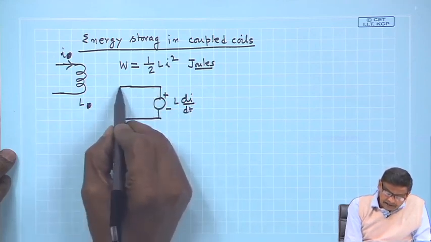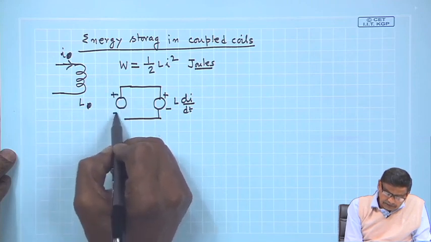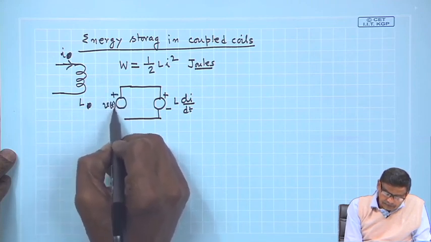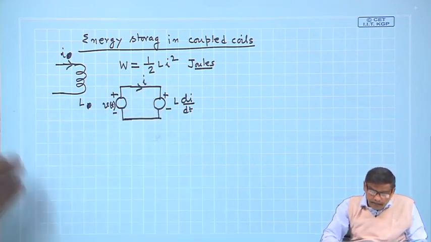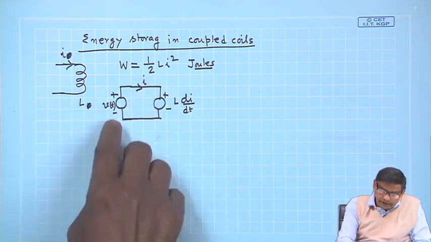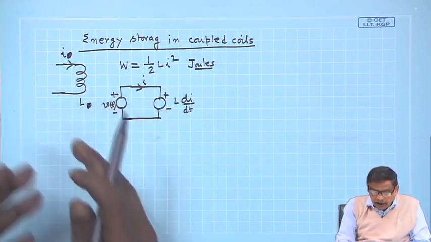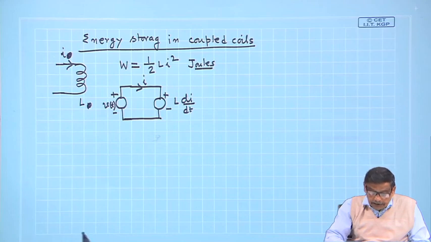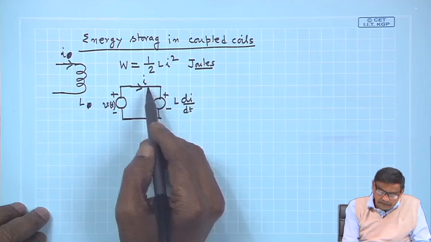And here is your, say, supply voltage, which causes this current to flow in this way. Now, as you can see, with respect to the source, current is leaving the positive terminal. So, energy or power is supplied by the source, and the instantaneous power supplied is V into I.